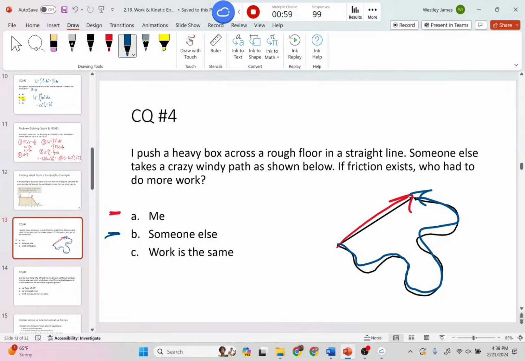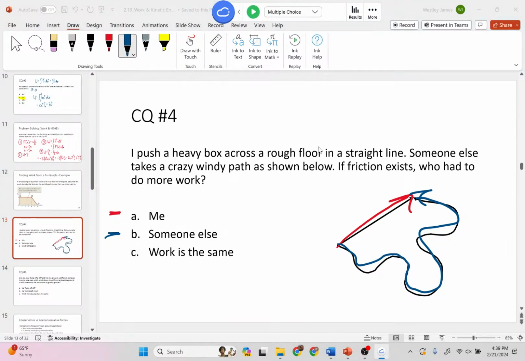There's no math here, just thinking through it. All right, and 5, 4, 3, 2, 1.